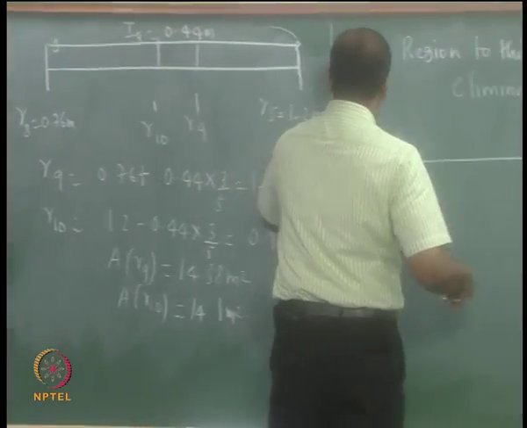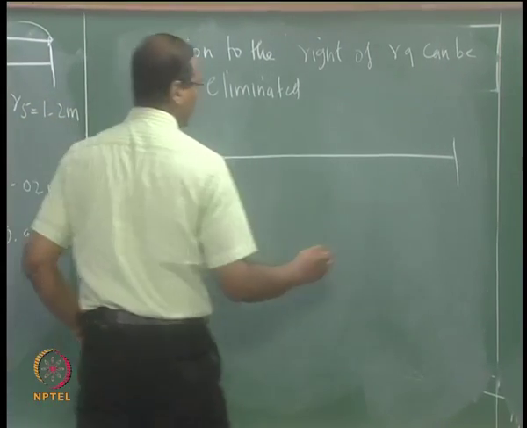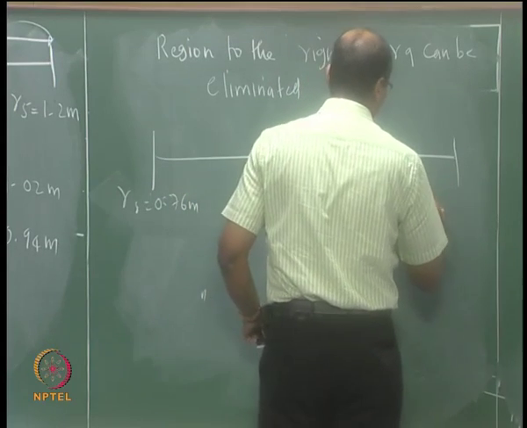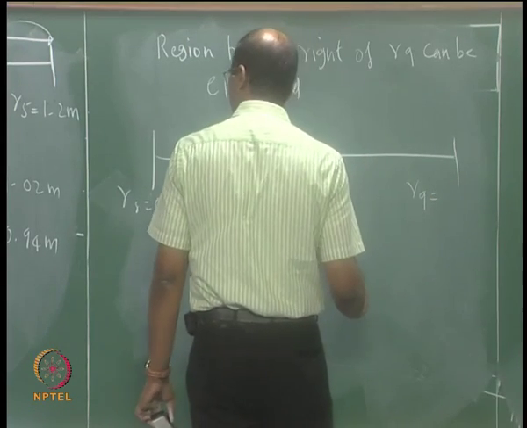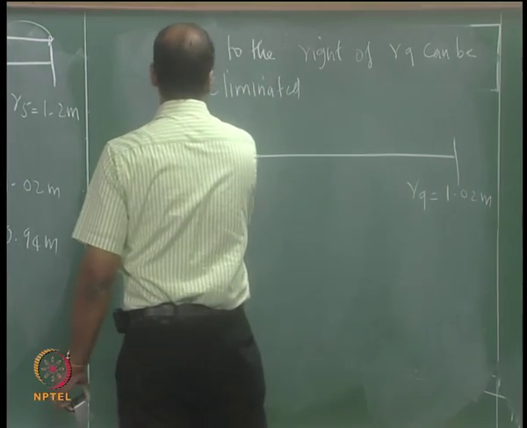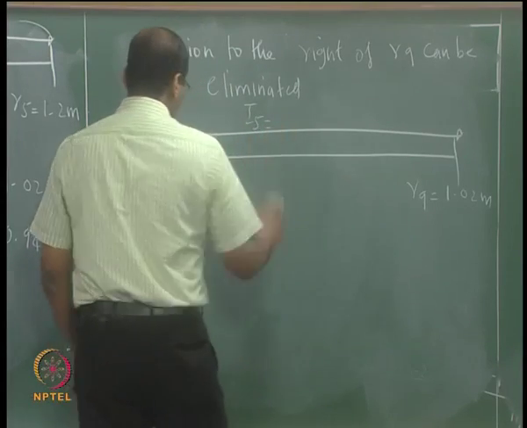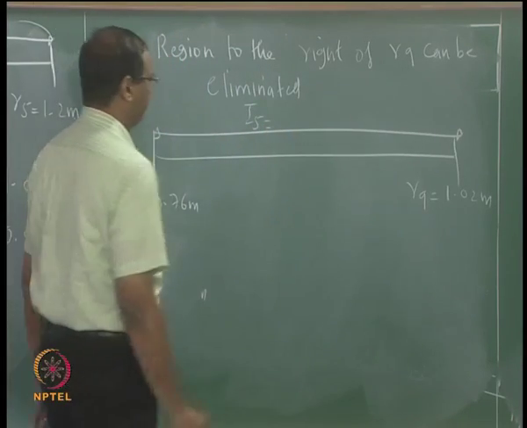Okay. I can't ditch that. R8. Yeah. R9, right? How much is this? 1.02. Okay. So I have I5, 0.26.